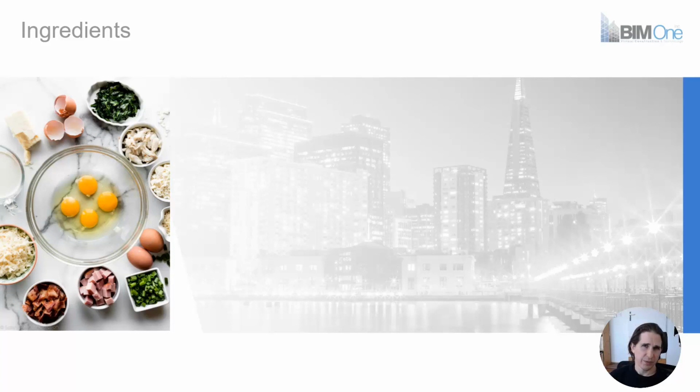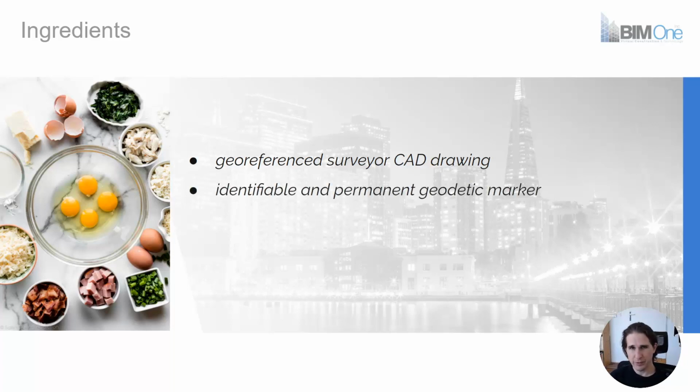The ingredients of the recipe for a geo-referencing that works are a geo-reference surveyor CAD drawing with a single UCS. That would be the first ingredient. An identifiable and permanent geodetic marker to position the survey point on it, and if possible, a data sheet of the marker for future reference.